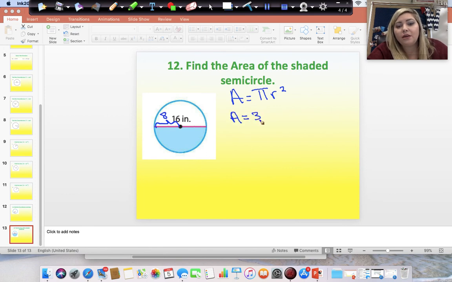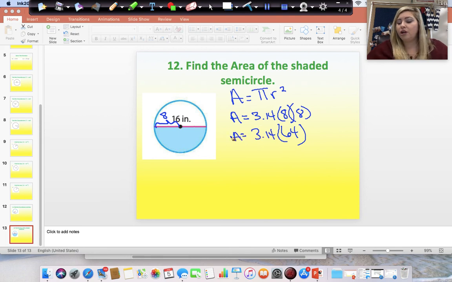So area is equal to 3.14 times 8 squared, which is 8 times 8. All right, and so 8 times 8 is 64. And so now we need to multiply 64 times 3.14. So 3.14 times 64, and that gives us 200.96.